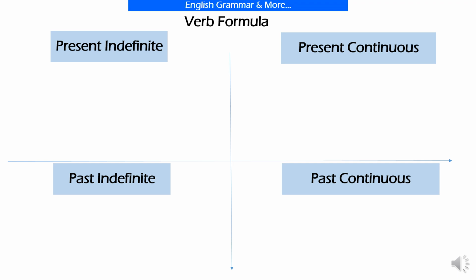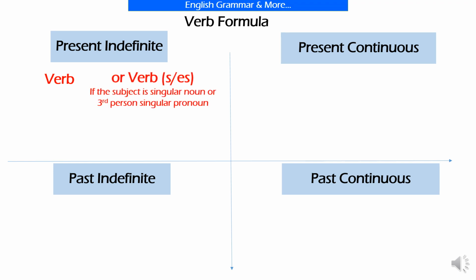For the present indefinite tense form, we use the verb in its root form. However, if the subject is the third person singular pronoun or a singular noun, then we add the suffix s or es to the end of the verb. For example, I read, he reads.